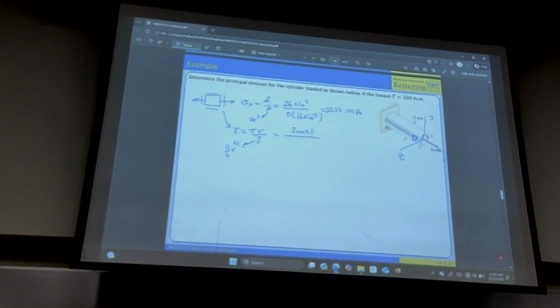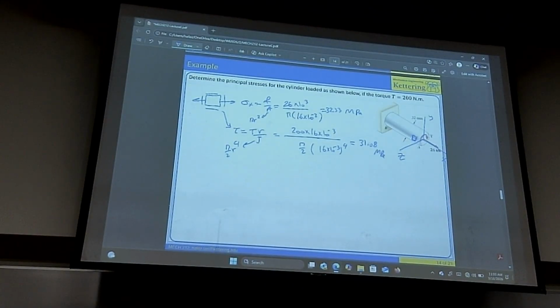R is 16 milli. So the tau value is 31.08 megapascal. Remember, when there is tau, it has a symmetric effect throughout that circle. So the only effect is just the tau.